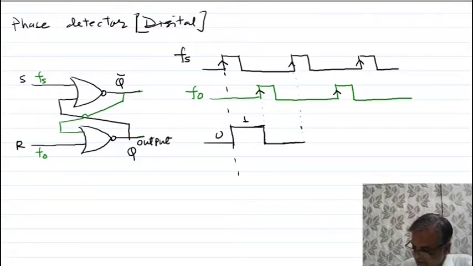Here again it changes state, at the rising edge of Fo.